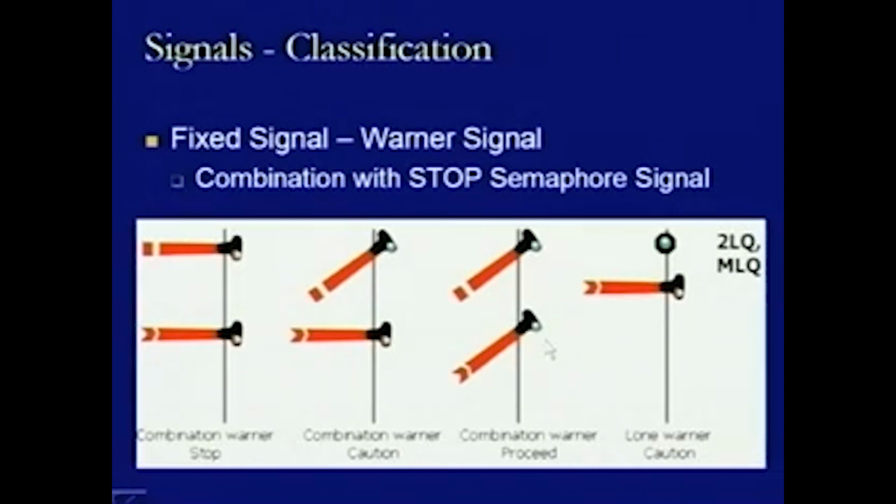So, this is what we have discussed. We have looked at two types of classifications of the signals, one based on the operational characteristics and the other based on the functional characteristics. In the case of operational characteristics, we have seen how the signals are operated.